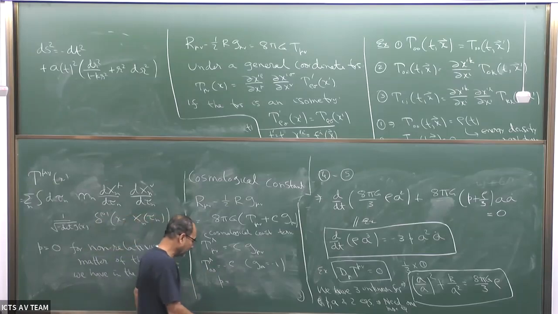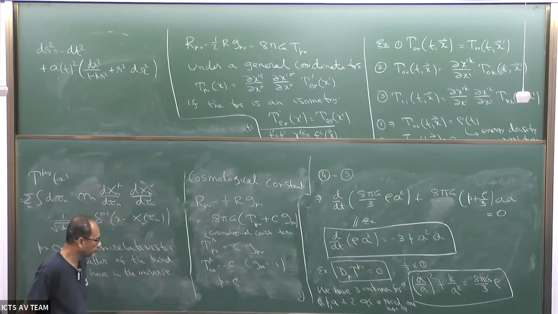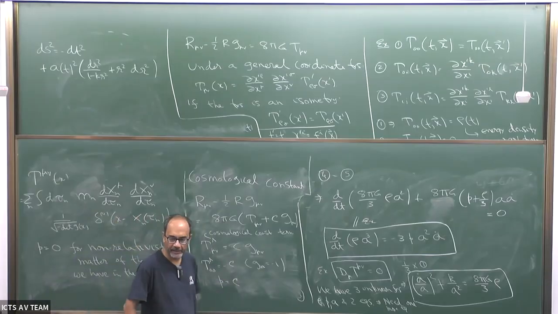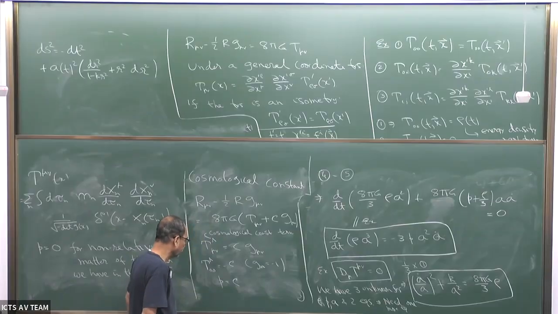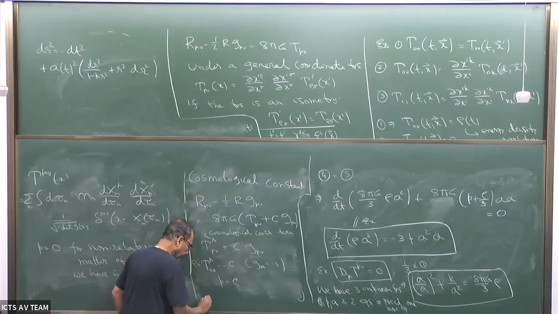So P should be C. I have not said whether C is positive or negative, but by comparing this, we see this is rho. We have P equal to minus rho.